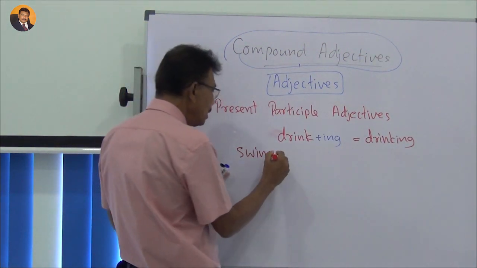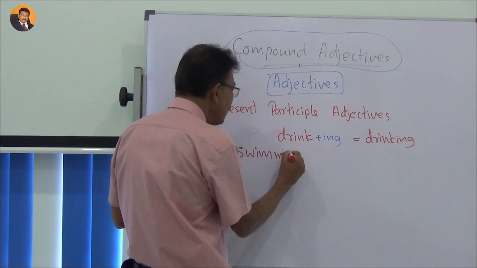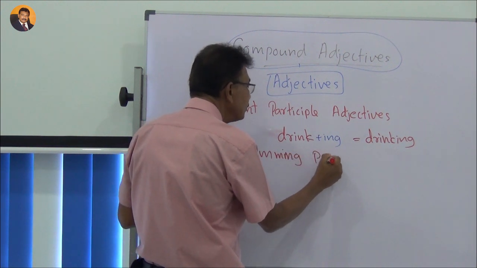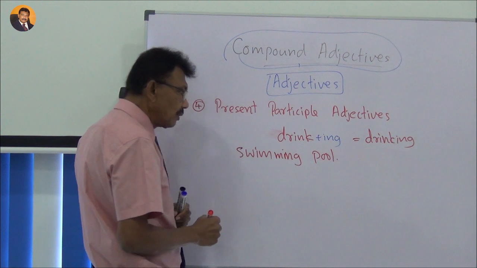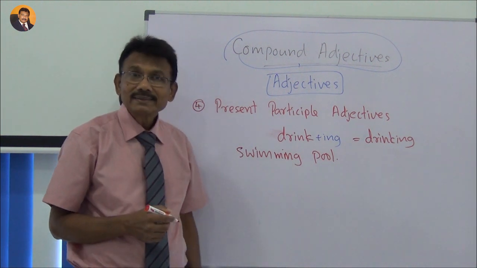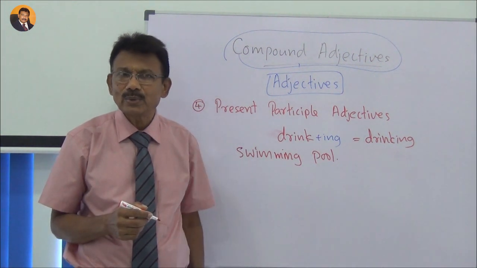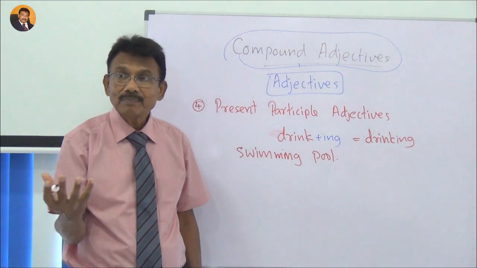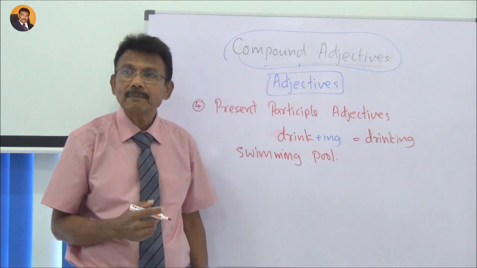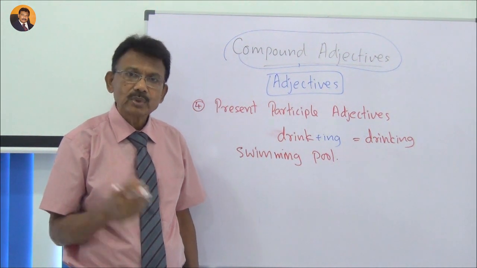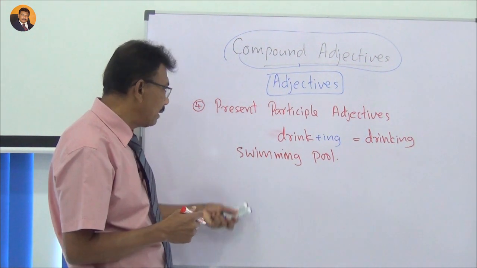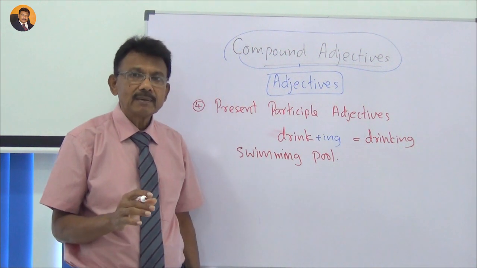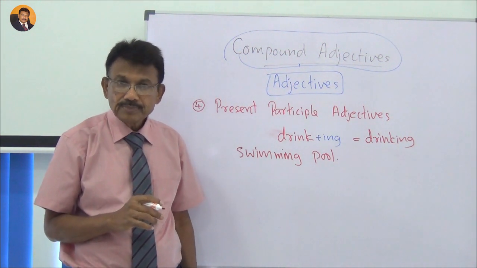When you add ing, swimming pool, okay. Teaching method, okay. There are many things that you can use. Grinding stone, frying pan. In the kitchen you use a frying pan. So there are many. You can write down as much as you like, but here we have to use the time, right?